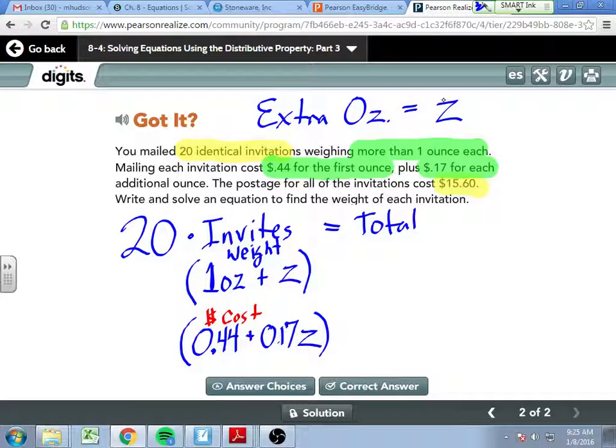What did I forget to bring down? The total. Well, yes. So I can replace that with my numbers that I know. And the 20.